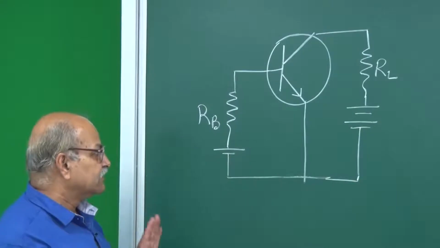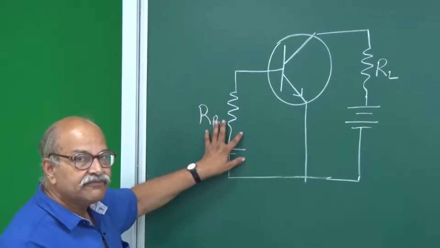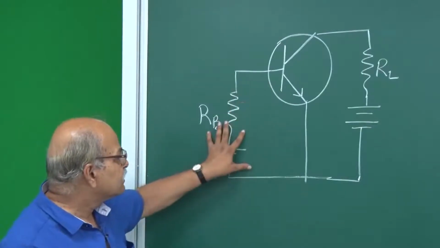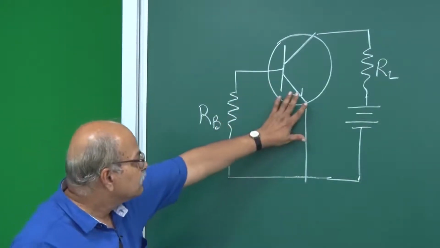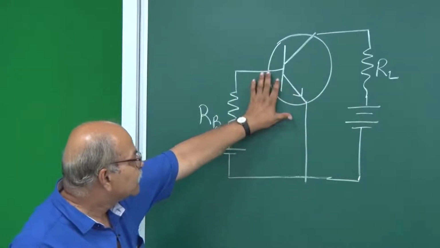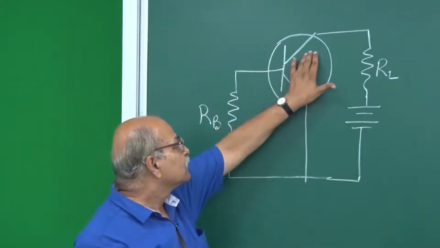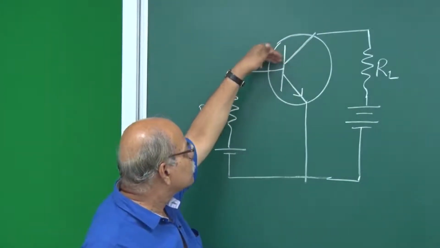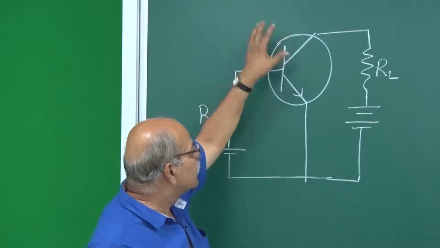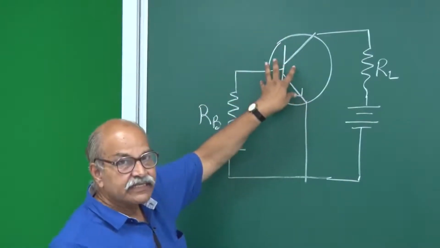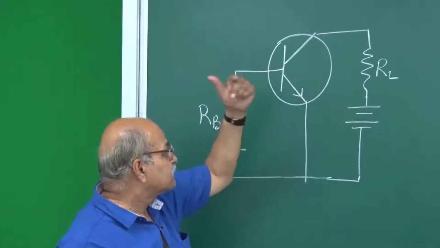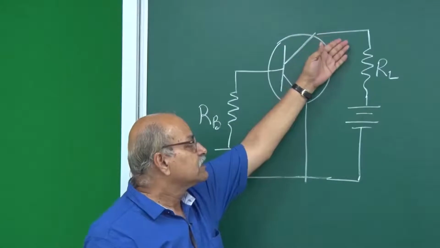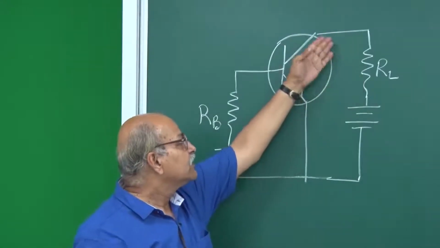Then we have active region. If you have sufficiently forward biased base circuit, this base emitter junction is sufficiently forward biased, there are a lot of electrons which are injected from here to here, and the collector is also sufficiently reversed bias. This collector base junction is also sufficiently reversed bias, so that when the electrons are injected, a good fraction of that, decided by beta, that much is taken up by this circuit, and then you have a current.